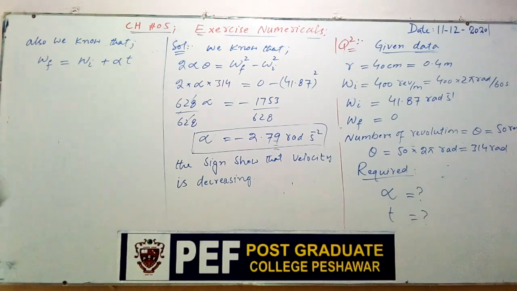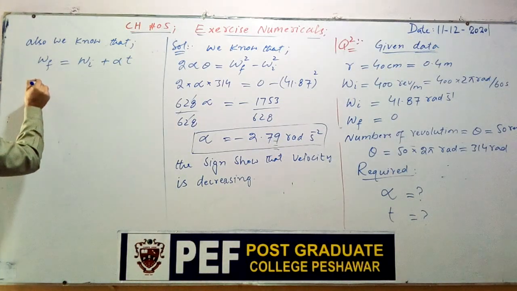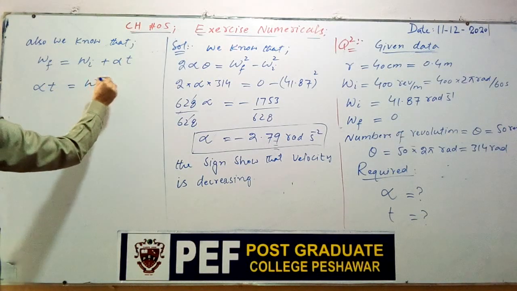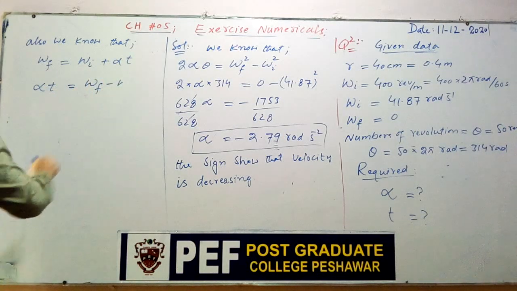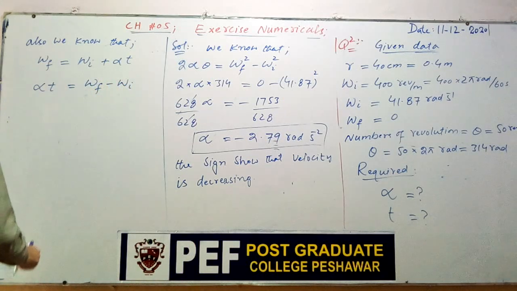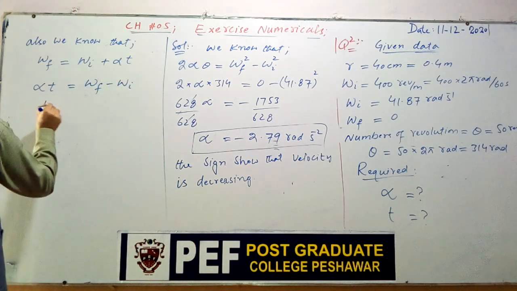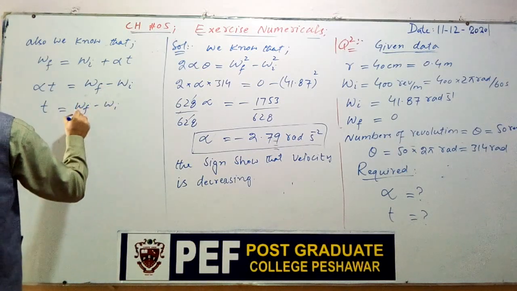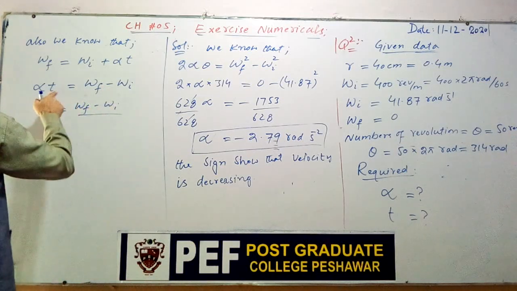So how can we calculate this t? We get from this equation alpha into t is equal to omega f, final angular velocity, minus omega i, which is initial angular velocity. So t is equal to omega f minus omega i divided by alpha.